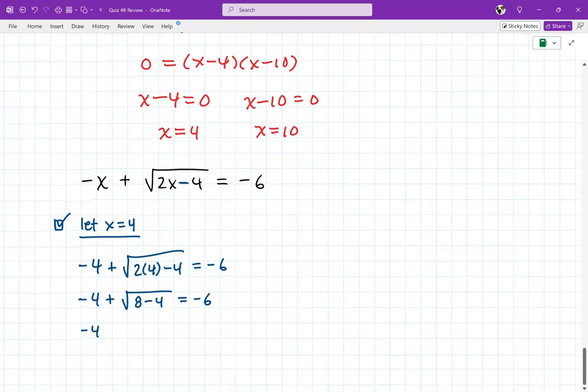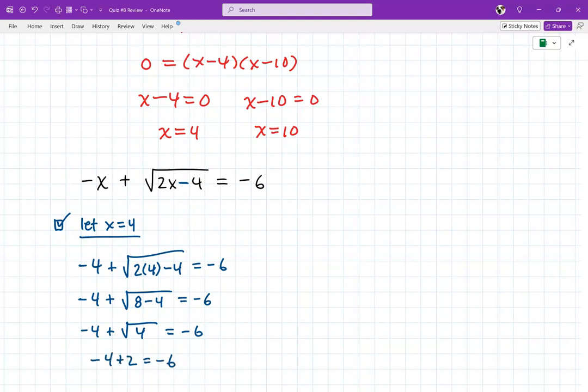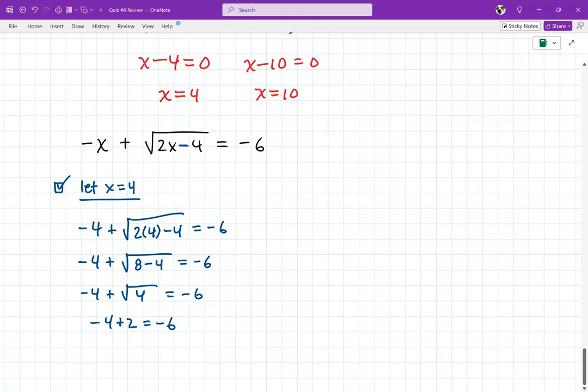Well, negative 4 plus the square root of 4 is negative 6. I know the square root of 4 is 2, so that's negative 4 plus 2 is negative 6. So negative 2 equals negative 6. That's not good. So 4 doesn't work. Okay, this is not true. 4 is extraneous.